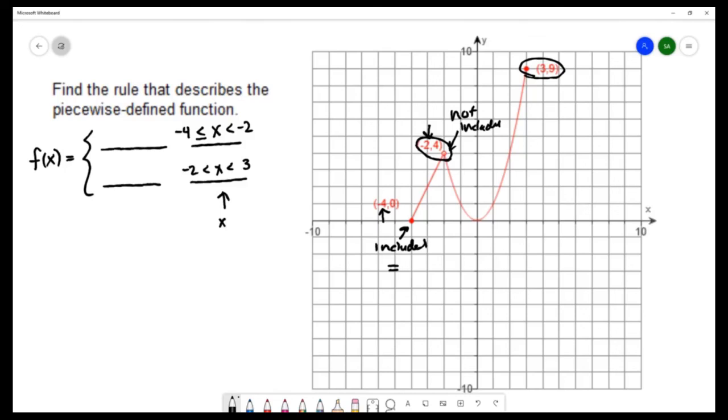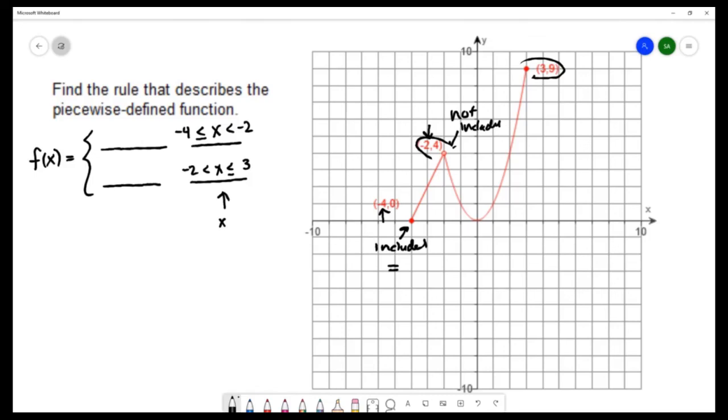Looking at the endpoints again, this endpoint is not included, and this endpoint is. So we're going to put an equal to on the endpoint that's included. So that gives us our conditions and tells us when to use each of the equations.